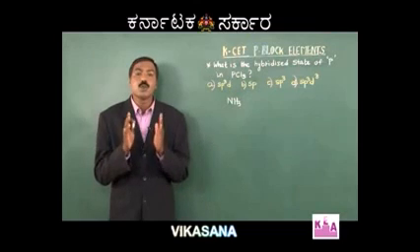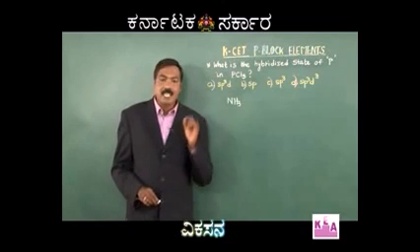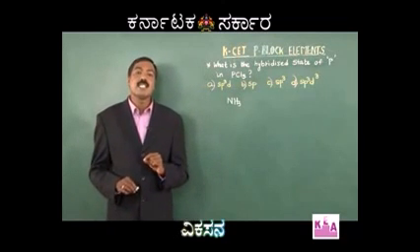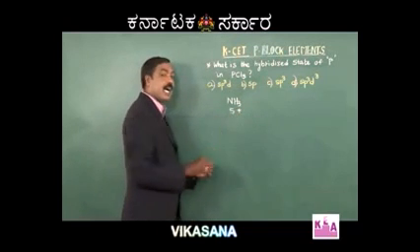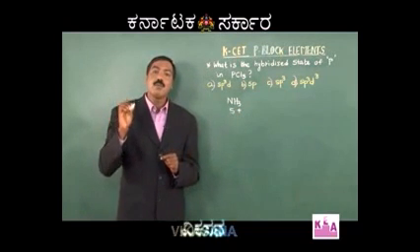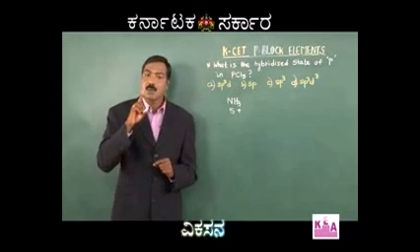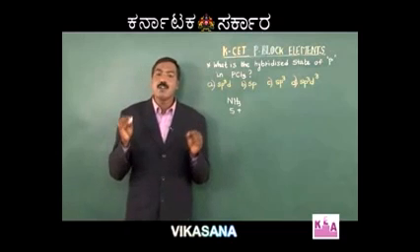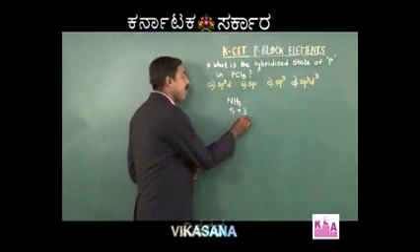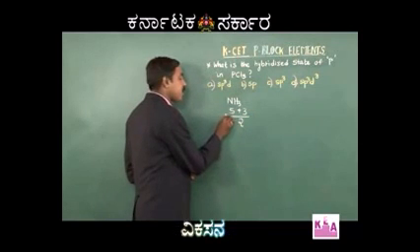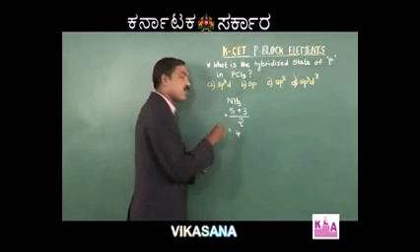I need to know which group it belongs to. Nitrogen belongs to group 15. Therefore, valence electrons in this is 5. Therefore, I write 5 plus the number of monovalent atoms that are linked to it. Hydrogen is a monovalent atom. The number of monovalent atoms that I have is 3. Therefore, I add 3 and divide the entire thing by 2. Therefore, 8 divided by 2, I get the answer as 4.